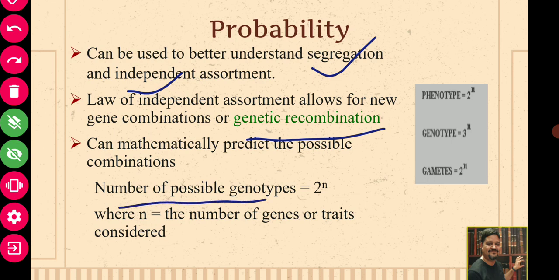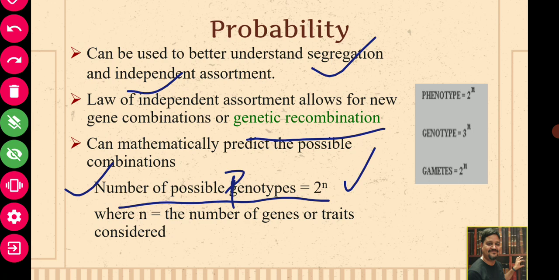There is a certain formula, we will see how this formula has come. The number of possible genotypes will be 2 raised to n. Suppose you have two heterozygous alleles, the total number of possible, actually it is not genotype, it is phenotype. Sorry, it is phenotype, not genotype. So phenotypes will be 2 raised to n, that is 2 raised to 2, that is 4.